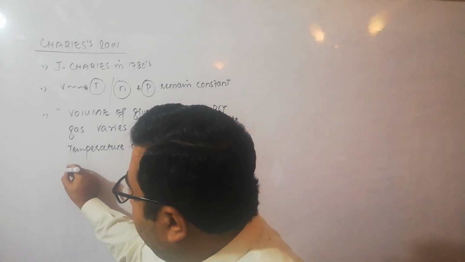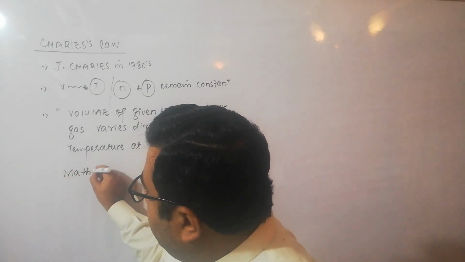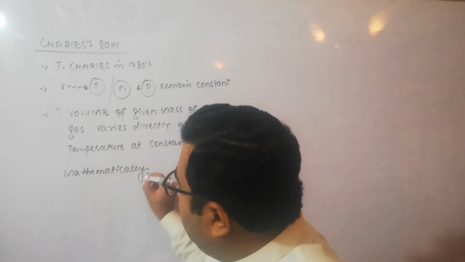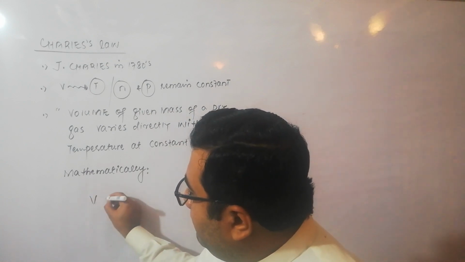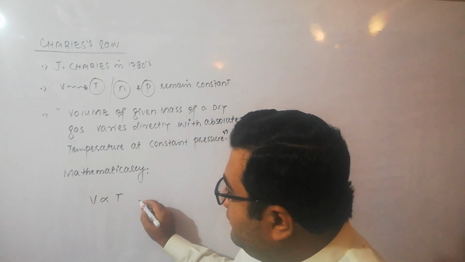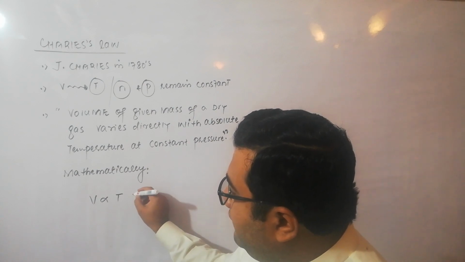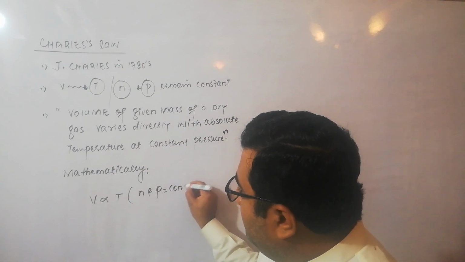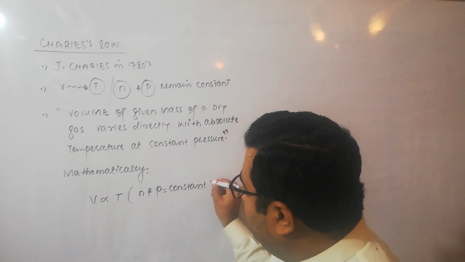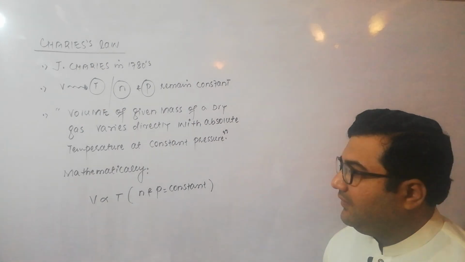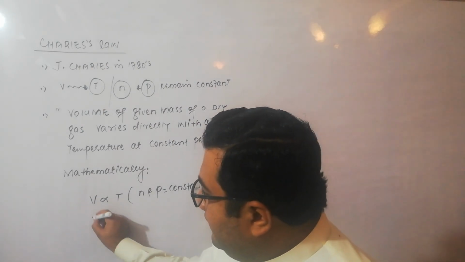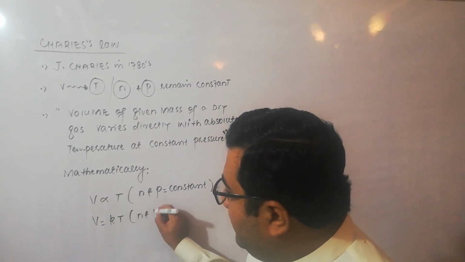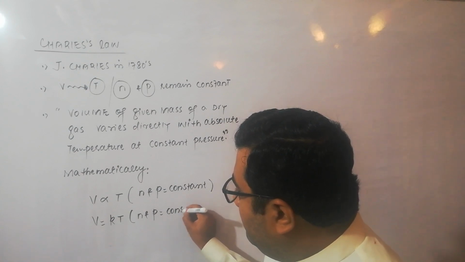Mathematically, it can be written as the volume is directly proportional to absolute temperature or Kelvin temperature if n and P remain constant. You can also write it down as V is equal to K into T when n and P are constant.